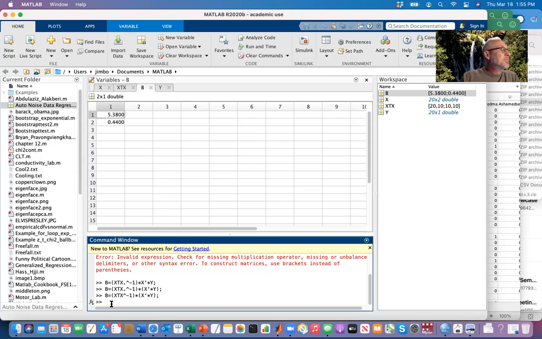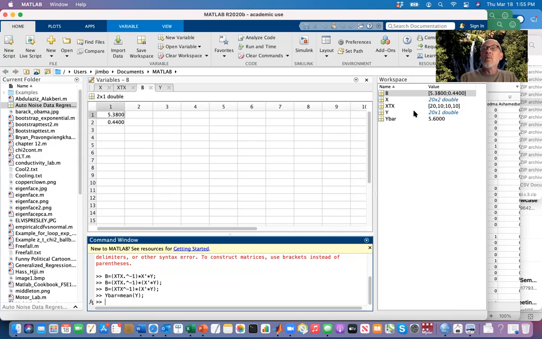So y bar equals mean y. That's the easiest way to do it. So I've got y bar right here, 5.6. That's the grand mean of all of our displacements to failure.